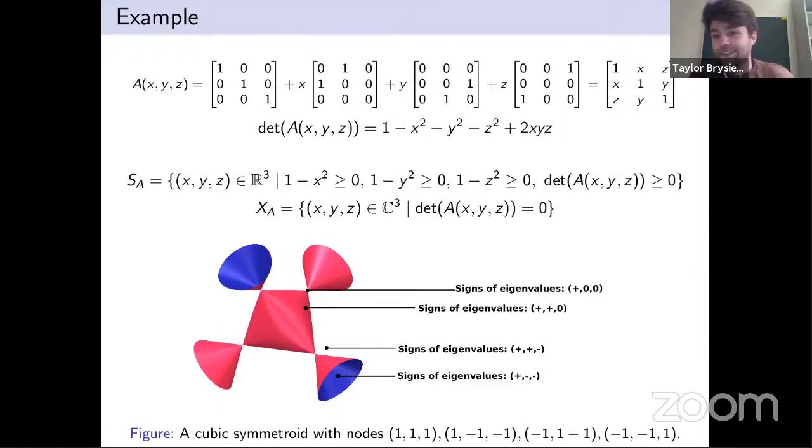But if you really want to think about the programming aspect, then you would want to keep x, y, and z real. Yeah. With the application of semi-definite programming in mind, this lives in the world of real algebraic geometry. I won't be drawing any complex three-dimensional varieties for you. It's all going to be real ones. That's all I can do so far.